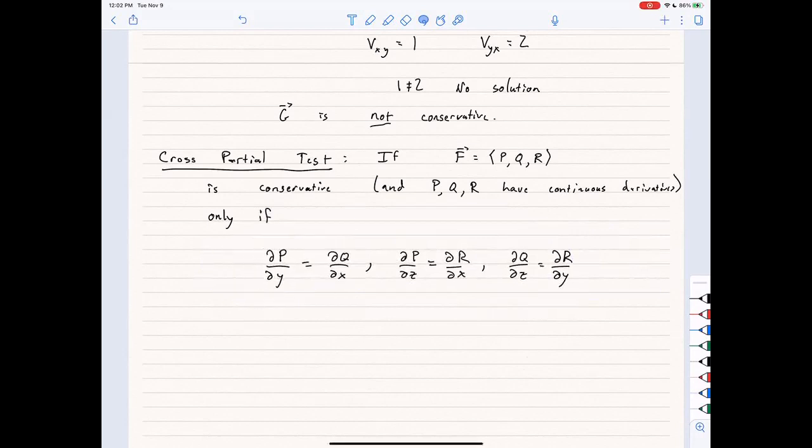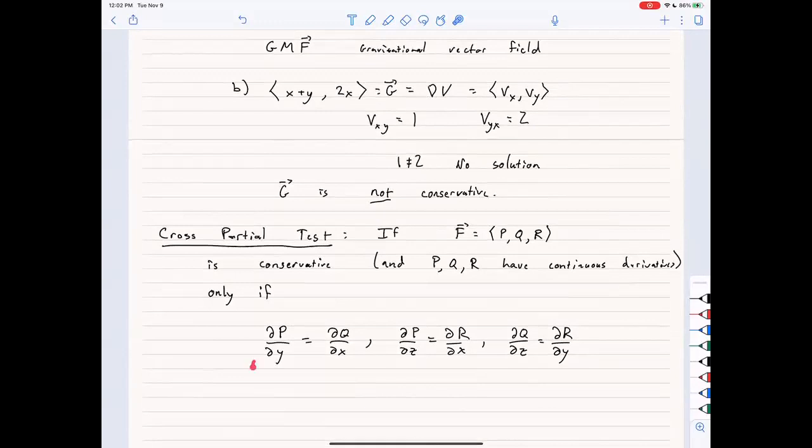This is only, in other words, if it's conservative, then these things happen. However, this gives you a way of showing that a vector field is not conservative. In other words, if you have a random one, like the one in part B, and you try this with these functions and these equalities don't hold, like 1 is not equal to 2, then you know it's not conservative. This is a good test to disqualify vector fields from being conservative.